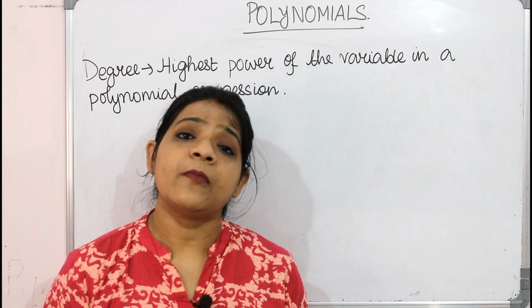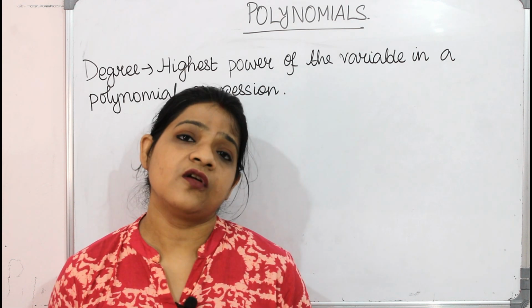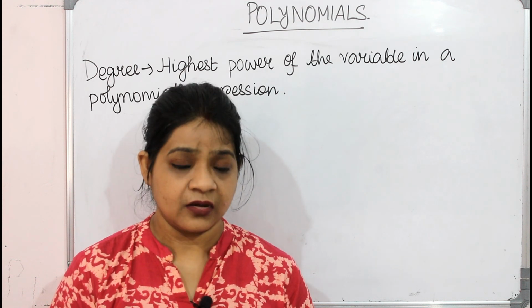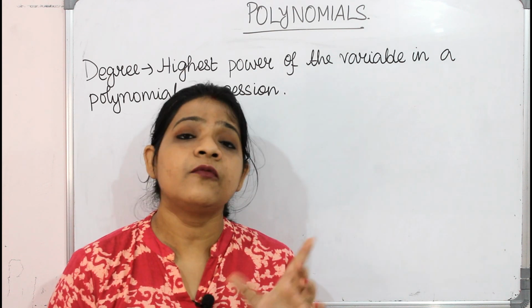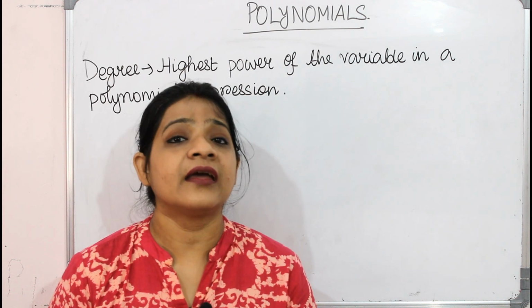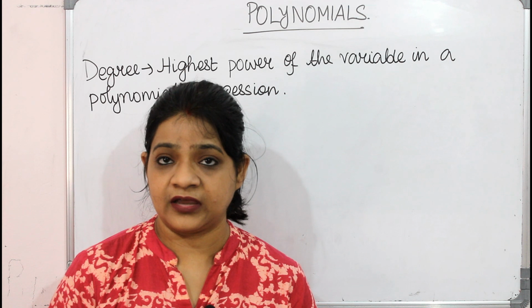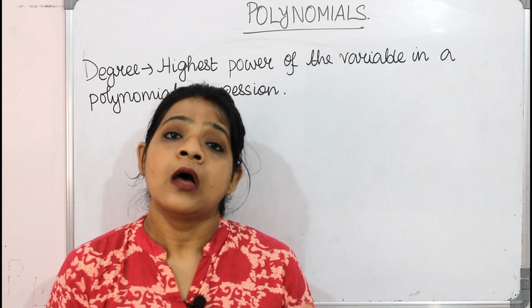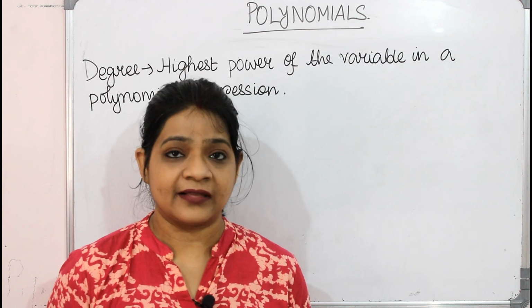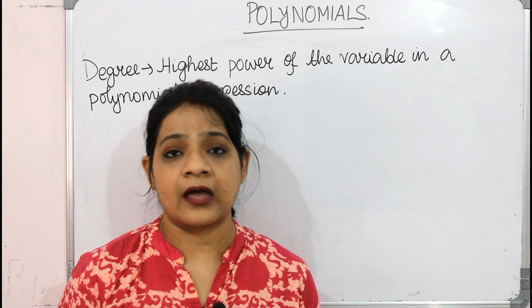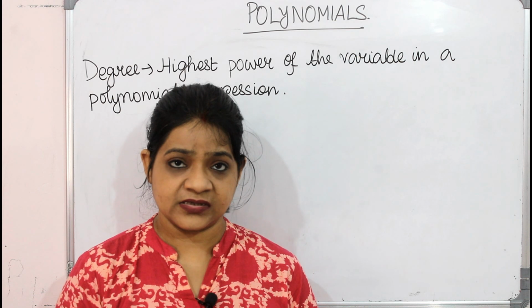So if somebody asks him, what is your educational qualification? He will say, I am a PhD in mathematics. He tells his highest qualification, rather than saying that before the PhD he did MSc and BSc. He will simply say, I am a PhD in mathematics.